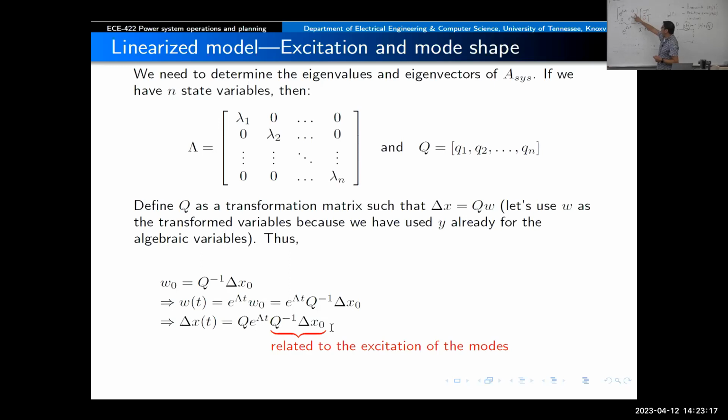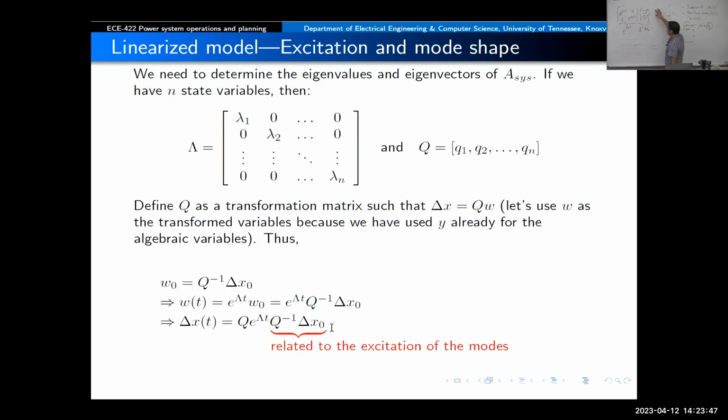The first term in your vector will be, for this example, whatever excitation you get here; that is going to be the weight we have on this mode. It will be how excited that mode will be. So the first component of the vector that you get after this multiplication is the term that will excite, amplify, that mode 1.